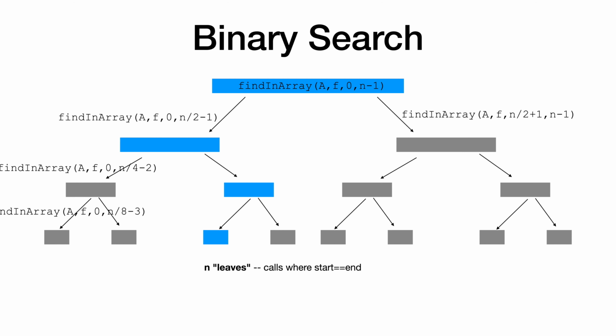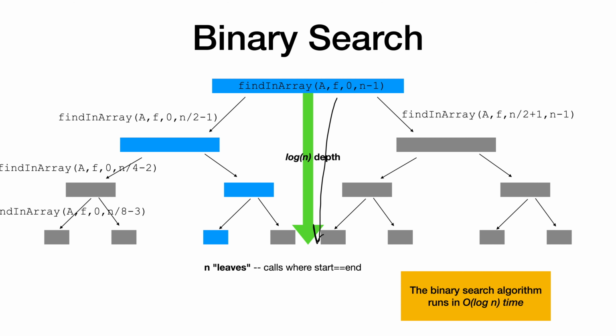Eventually, we might get down to just a single element, right? Worst case scenario, we search the whole depth of this tree. And the nice thing is the depth of this tree is only log n, which means at most we make log n calls to find an element in an array.